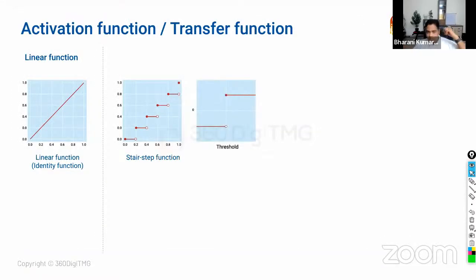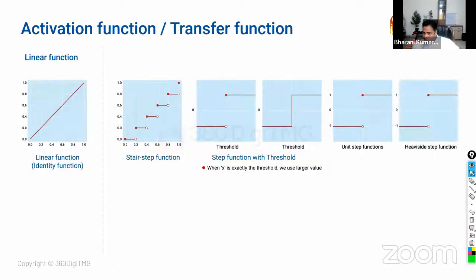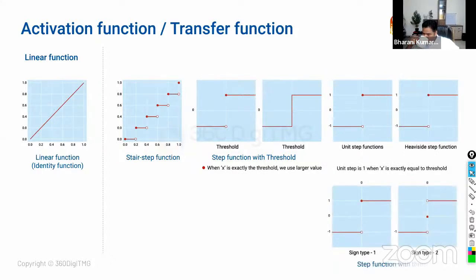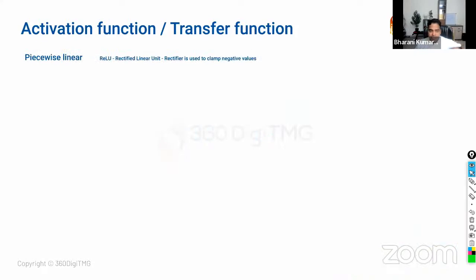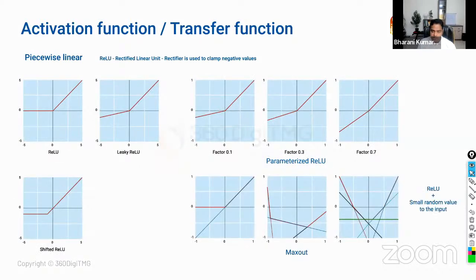These are all the various activation functions that we have discussed. Then we have piecewise linear functions, leaky ReLU, parameterized ReLU, shifted ReLU, then maxout, right?